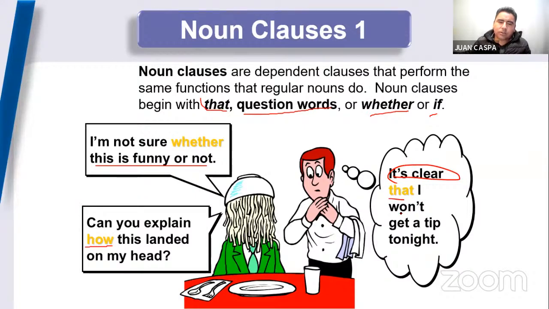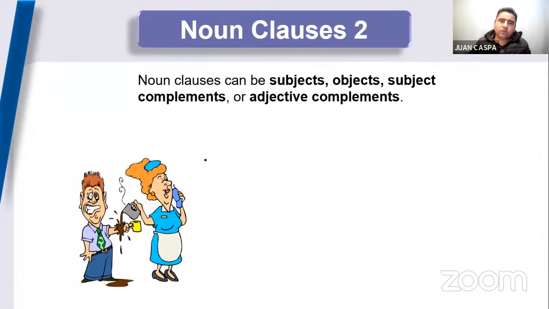So it's a kind of one idea that starts with whether, that, or with the WH word. Also, noun clauses can be subjects, objects, subject complements, or adjective complements.